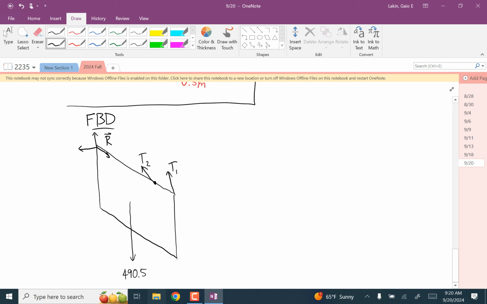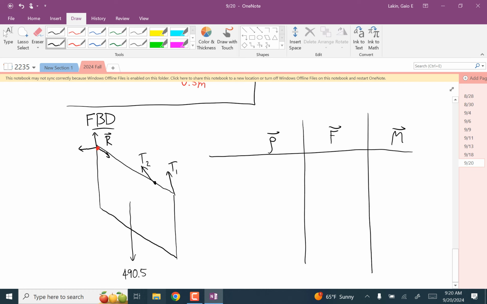Okay, so now in these 3D problems, this table is super, super helpful, okay? We have to choose an about point. It doesn't matter where, but I guess you might as well choose this. And here's the table: rho, force, moment. I'll do R first.